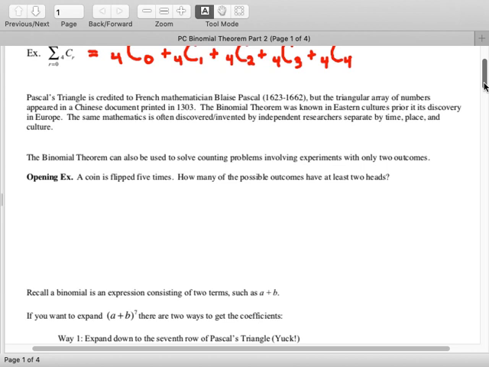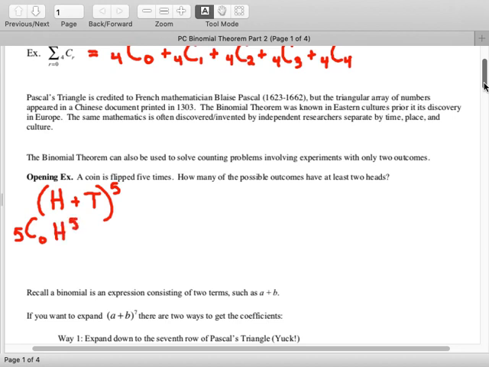The binomial theorem can also be used to solve counting problems involving experiments with only 2 outcomes. If I have a coin and it's flipped 5 times, how many of the possible outcomes have at least 2 heads? This is really cool. You can take a binomial, since there's only 2 outcomes on the coin: you can either get a head or a tail. So watch what this looks like with the binomial theorem.